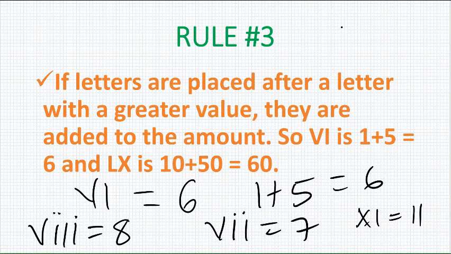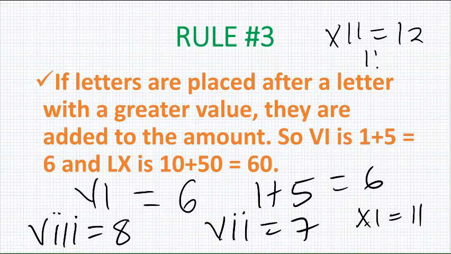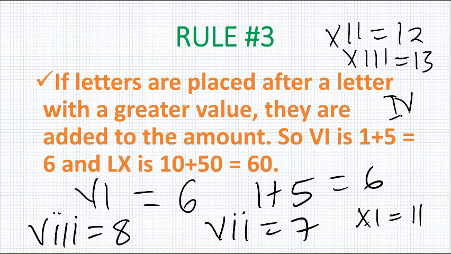For 12, we're going to do 10 plus 2, which is 12. 13, we are going to do 10 plus 3, which is 13. Now 14, we already know that 4 is IV. We add it to this, and that will give us 14.